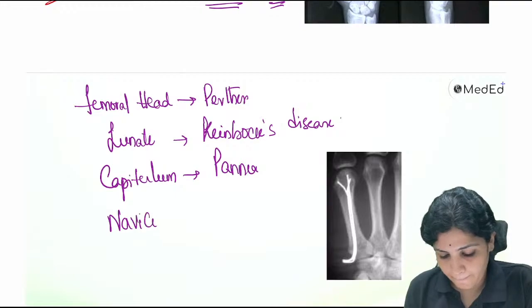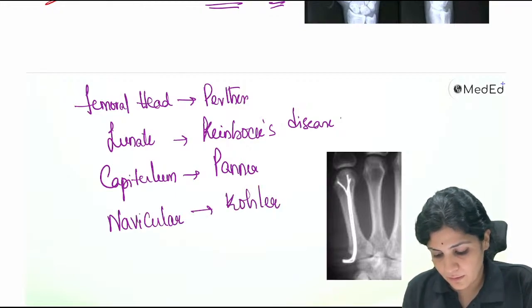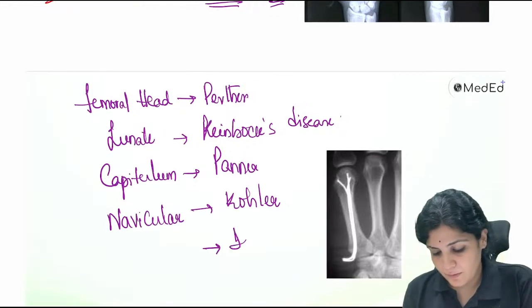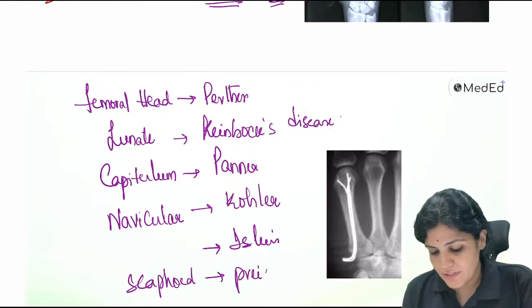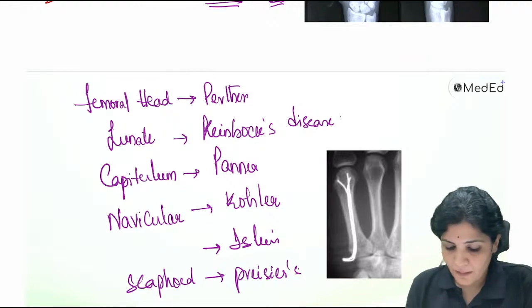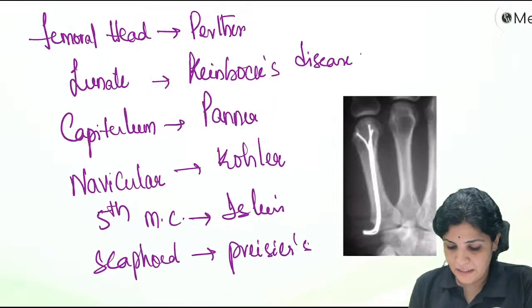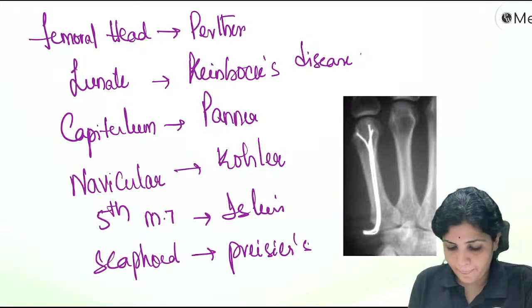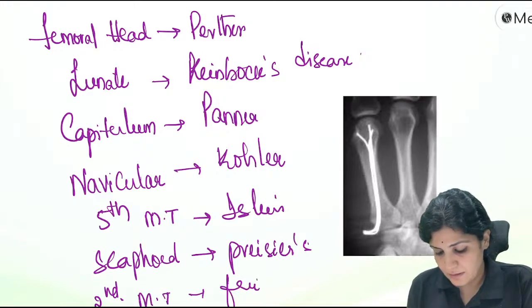Navicular is Kohler's. Scaphoid is Preiser's. Fifth metatarsal is Iselin's disease. Second metatarsal is Freiberg.